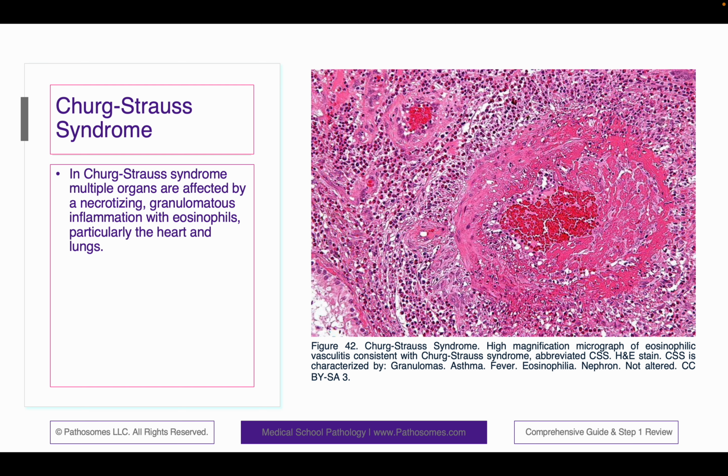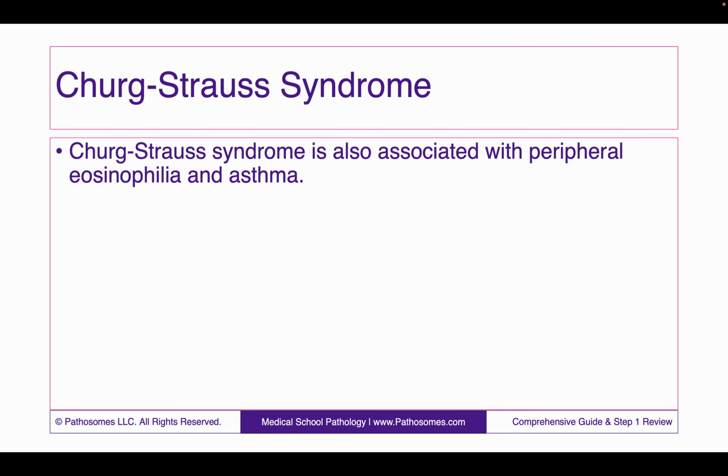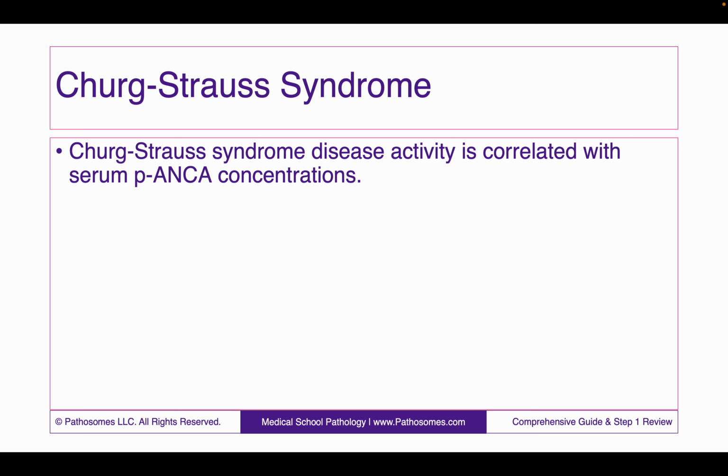Well, the heart and the lungs. Churg-Strauss syndrome is associated with peripheral eosinophilia and asthma. Churg-Strauss syndrome disease activity is correlated with serum P-ANCA concentrations, okay? Remember that.